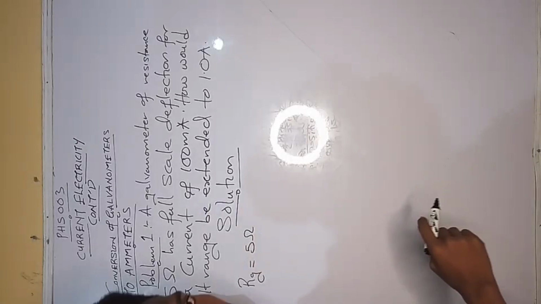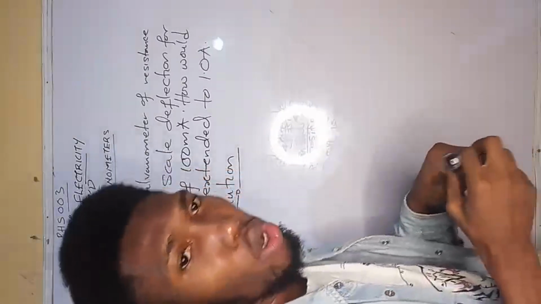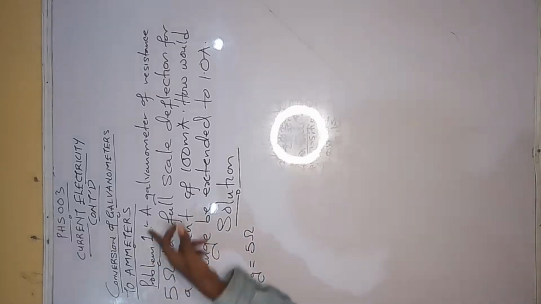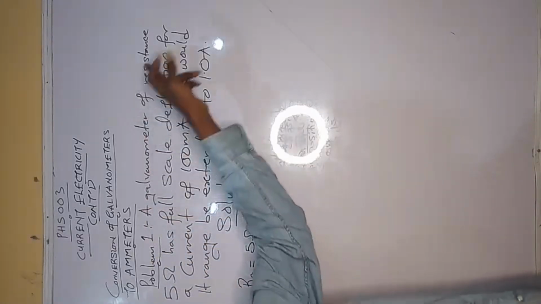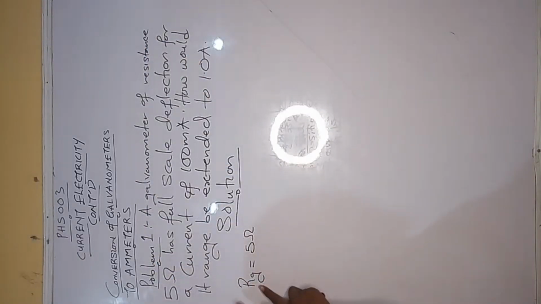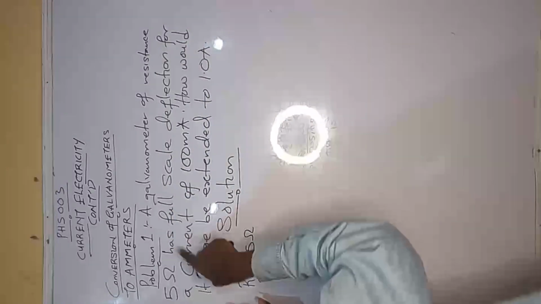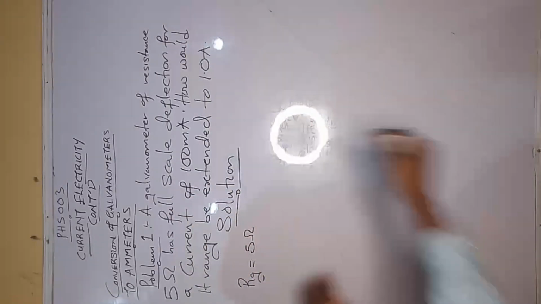Let me come again. The question says a galvanometer of resistance 5 ohms, so we wrote down our resistance, RG equals 5 ohms. It has a full scale deflection for a current of this. That is the current that the galvanometer can deflect.